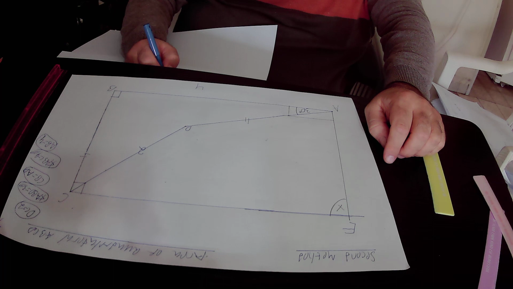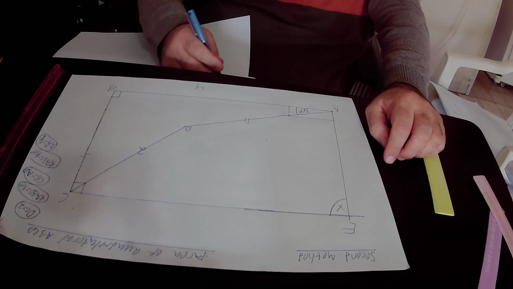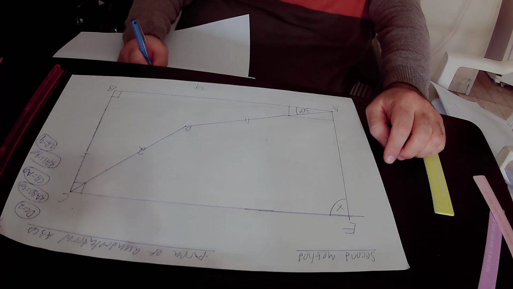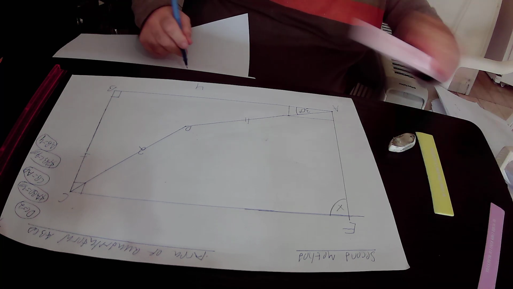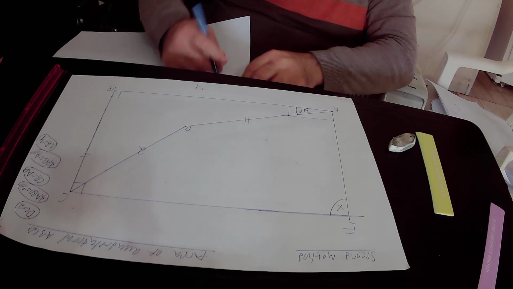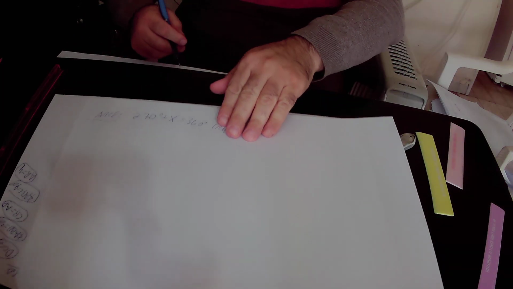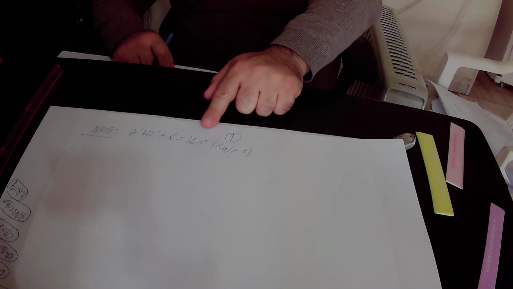The sum of those four angles in quadrilateral ABCE must be equal to 360 degrees according to rule number 1. I will repeat again. According to rule number 1, the sum of the angles in quadrilateral ABCE equals 360 degrees.